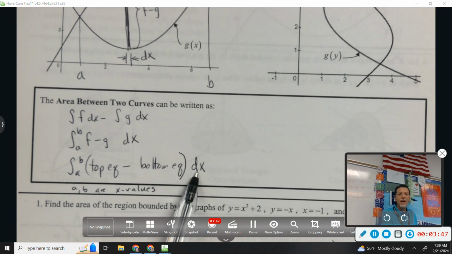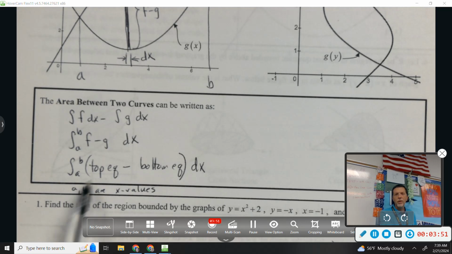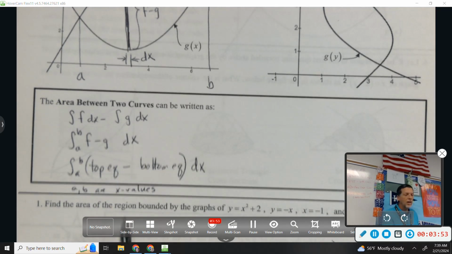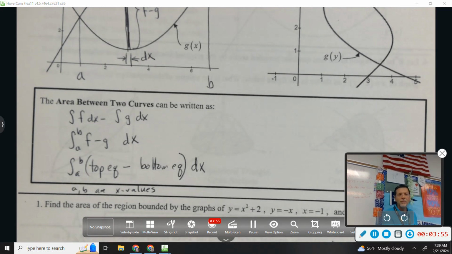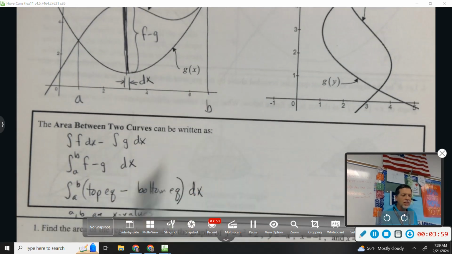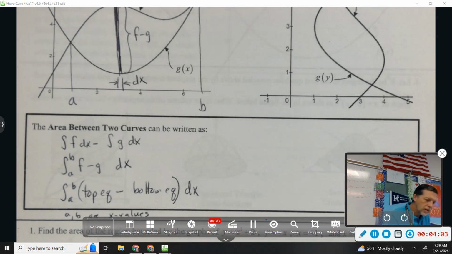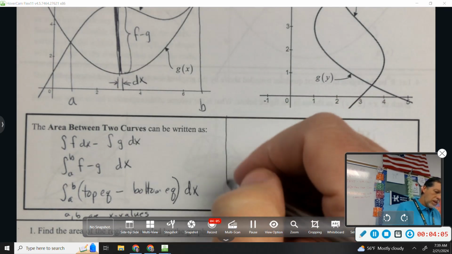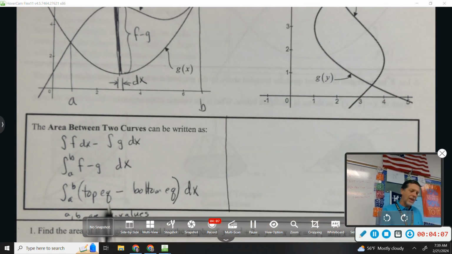If we're doing a dx problem, then our limits have to be x things. Otherwise, it makes no sense. But sometimes people get confused and put y values there. If we're adding up all the rectangles in the x direction, then the limits have to be x values. Okay, that's the one we like, because that's the one we're used to.